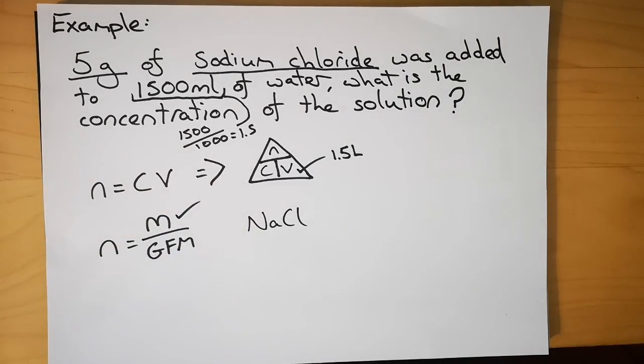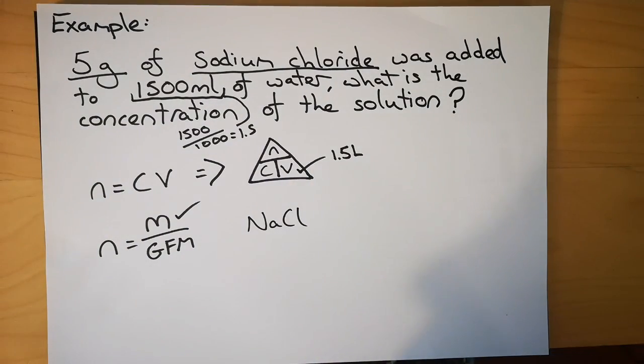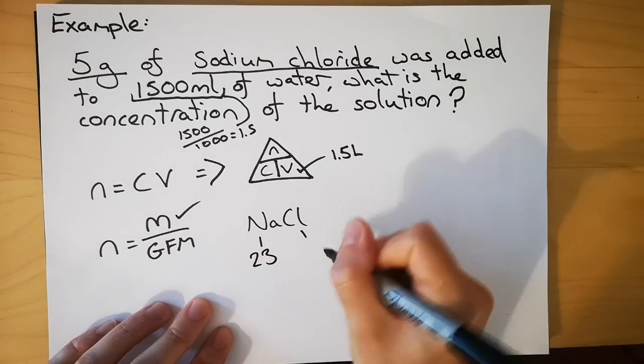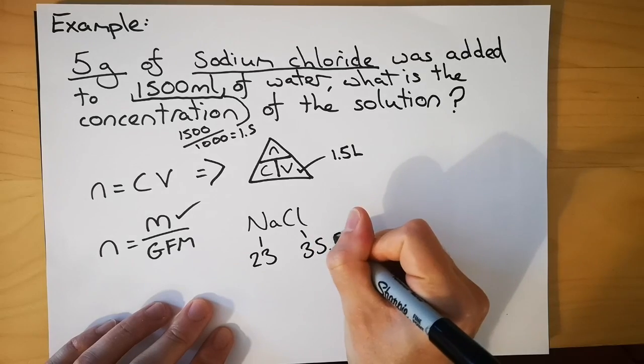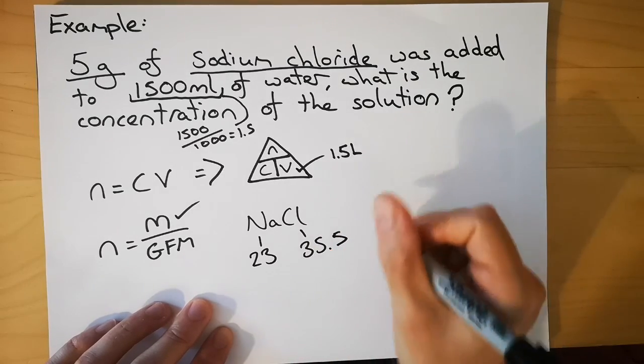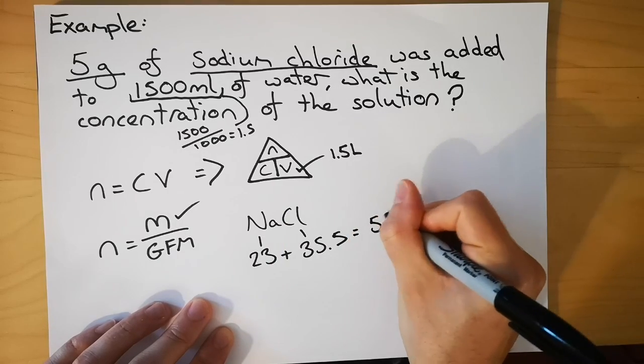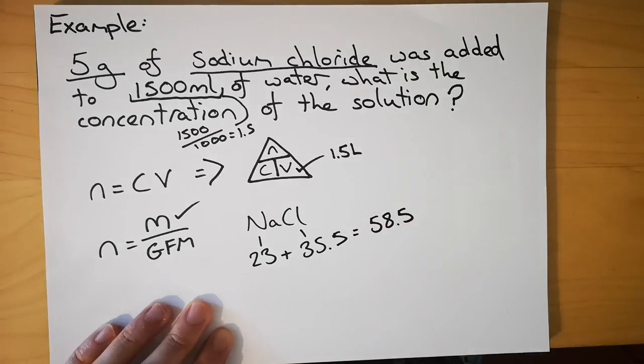So I can get my GFM from the data booklet, and my sodium is 23, I think, and my chlorine is 35.5. That means that when I add those together, my GFM is going to be 58.5.